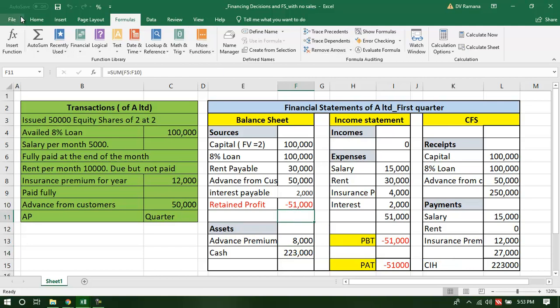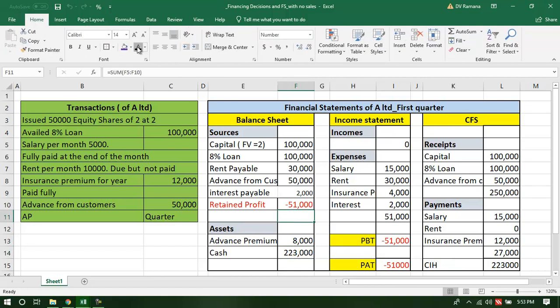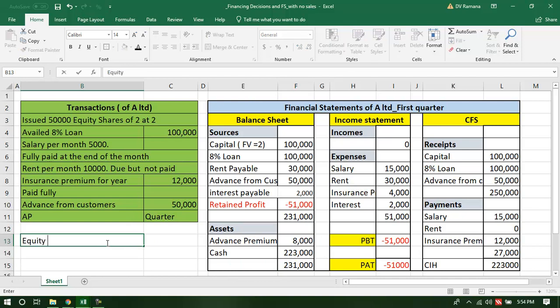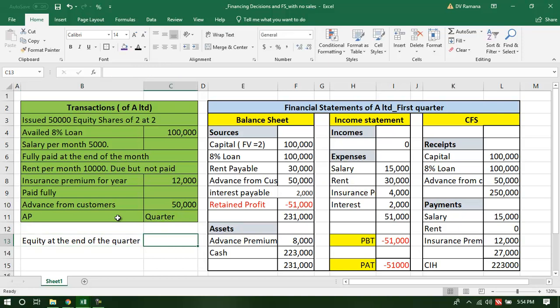So if all other transactions are done, our sources should be equal to assets. If you want to find out what the equity is at the end of the quarter, the equity is equal to capital plus the negative profit.